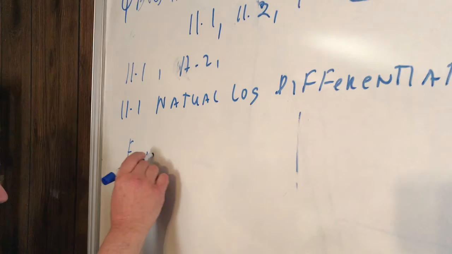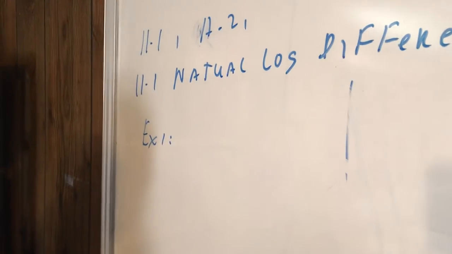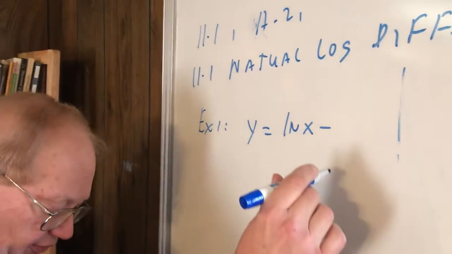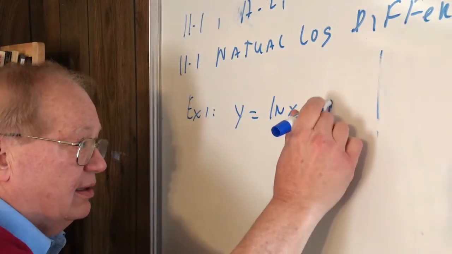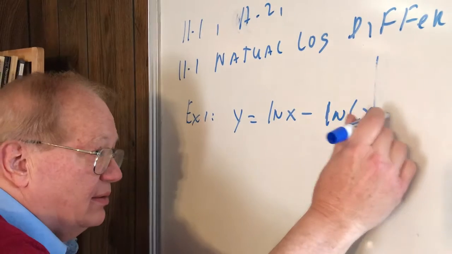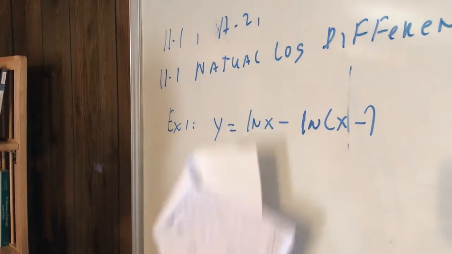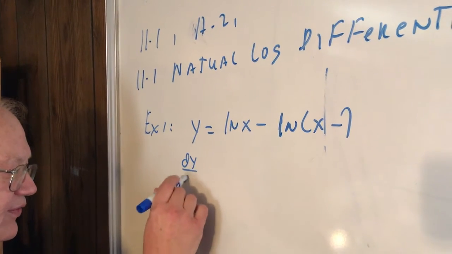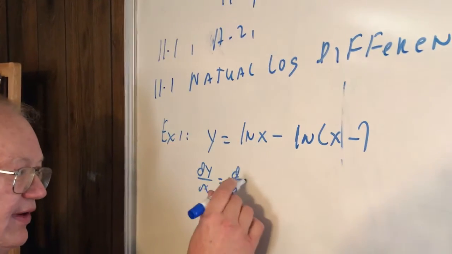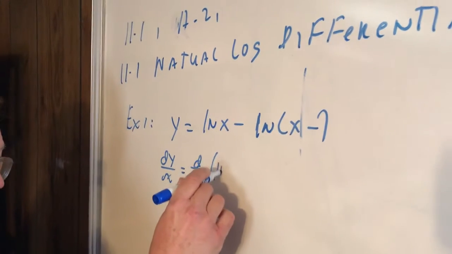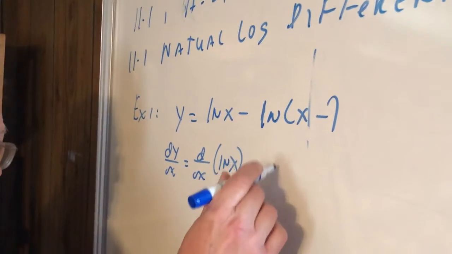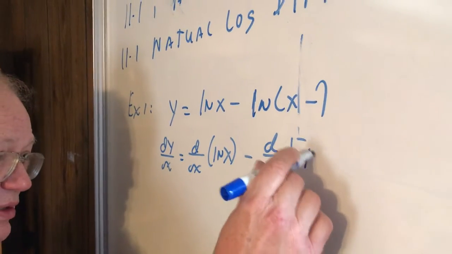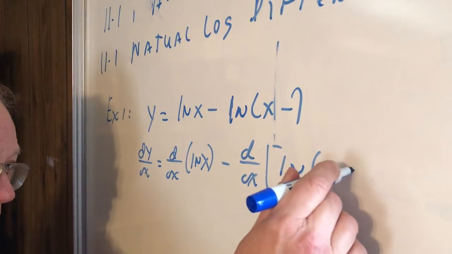Some of these are from your homework. We have here y equals the natural log of x minus the natural log of x minus 1. Well, if we look at our formula, dy dx equals the derivative of the natural log of x minus the derivative of the log of x minus 1.